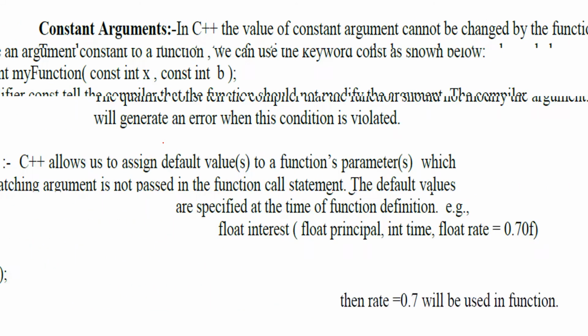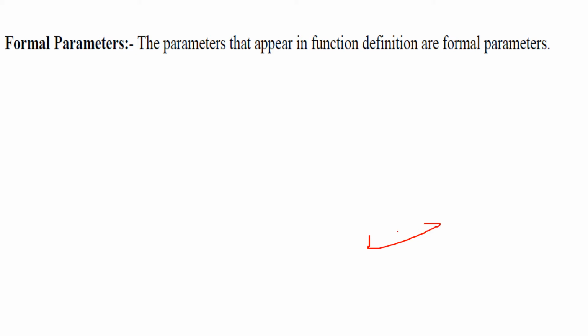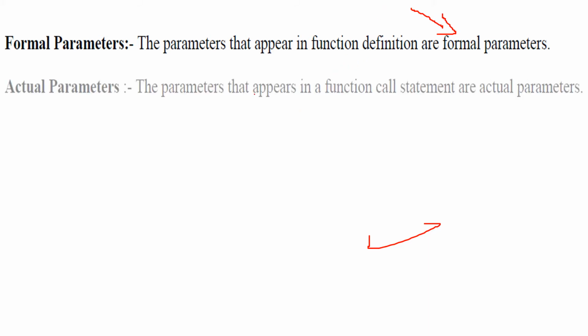So the next one is formal parameters. So what are formal parameters? The parameters which appear in the function definition are called the formal parameters.